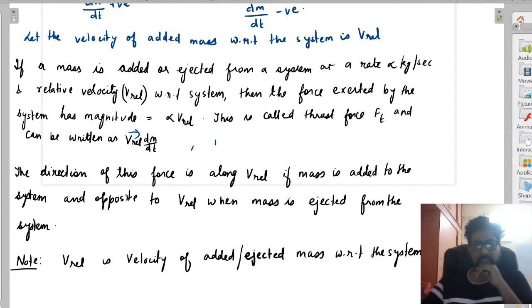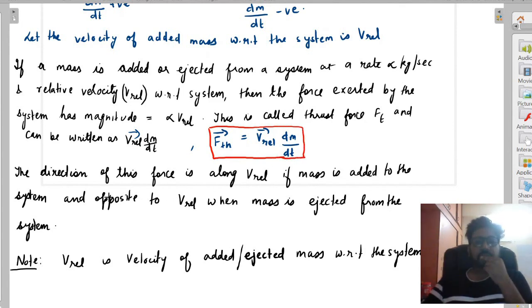So again I will write here F thrust is given by v relative dm by dt. So F thrust is equal to v relative dm by dt. Okay.